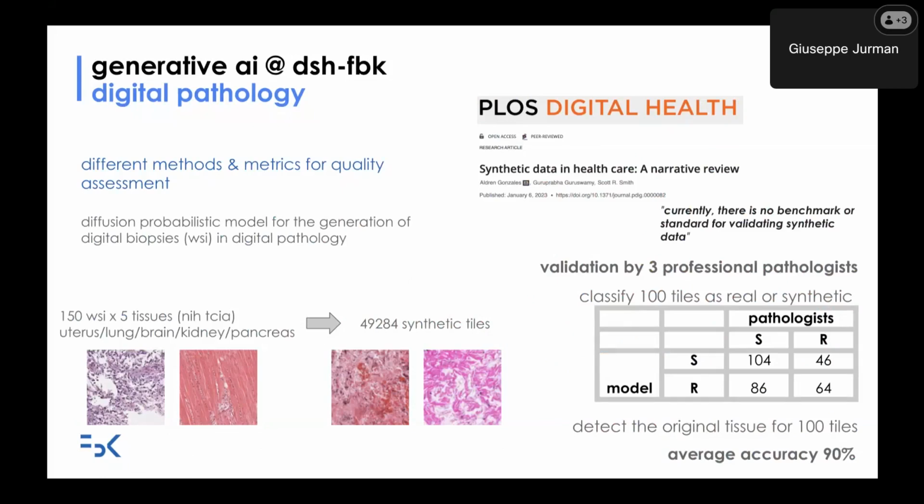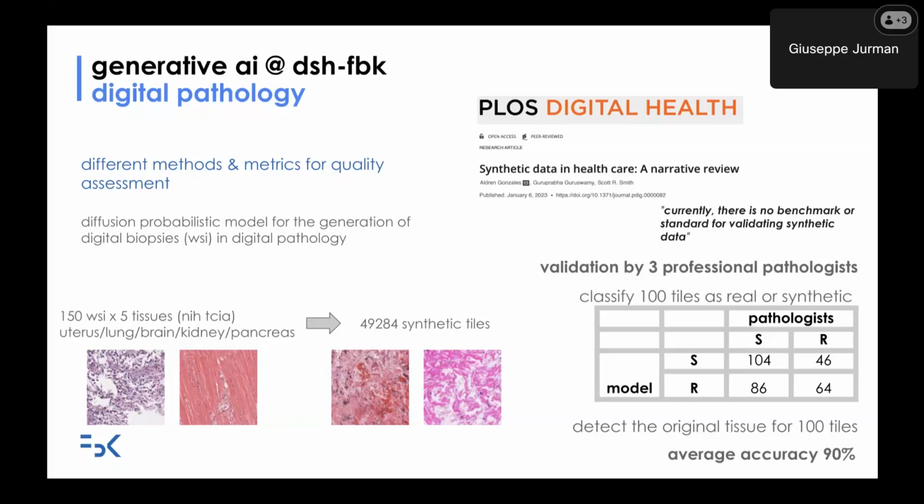And to comply with the evaluation problem, we use professional pathologists to assess the reliability and the clinical meaningfulness of the images we are generating.